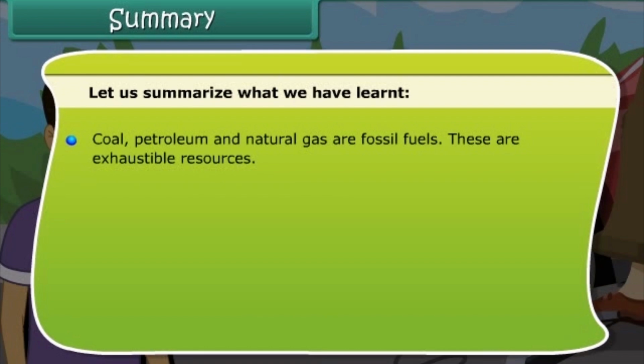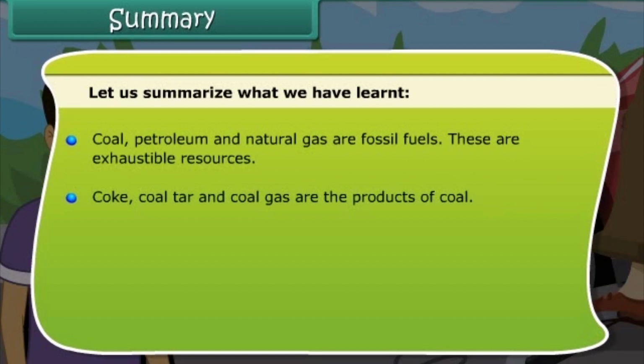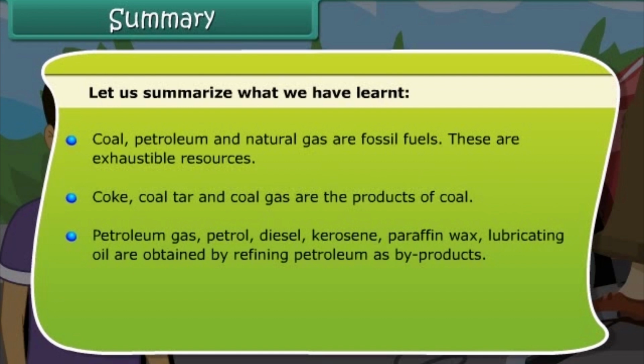These are exhaustible resources. Coke, coal tar, and coal gas are all products of coal. Petroleum gas, petrol, diesel, kerosene, paraffin wax, lubricating oil are obtained by refining petroleum as byproducts. We should use coal, petroleum, and CNG judiciously.